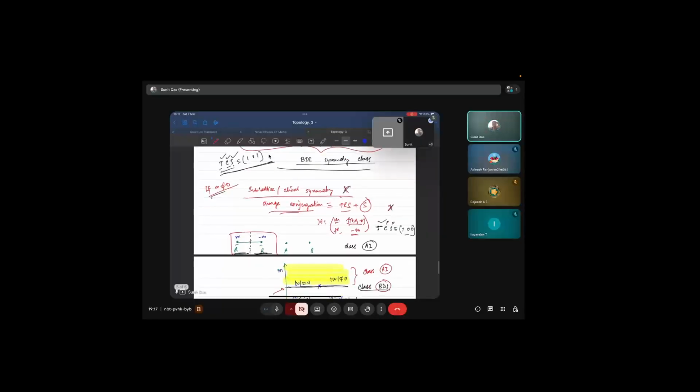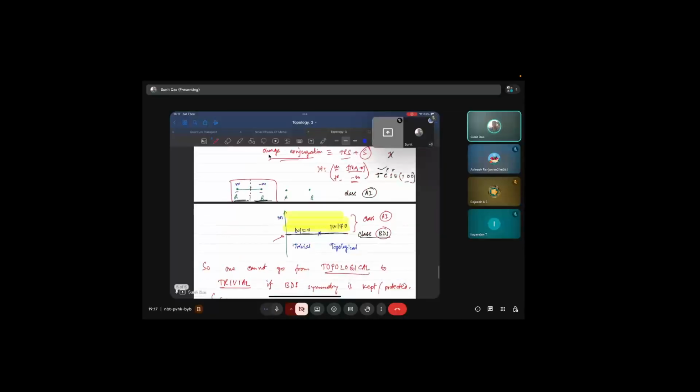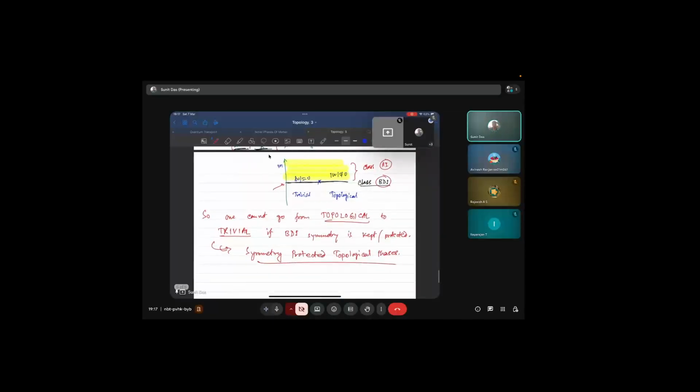If there is only time reversal, but no charge conjugation, no chiral or sublattice symmetry, it falls into AI. But there might be other combinations, right? I do not have time reversal symmetry but have chiral or sublattice symmetry. Then there is another symmetry class, and so on and so forth. But from a practical perspective, the BDI class is more interesting because it protects the states. Okay. Yeah.